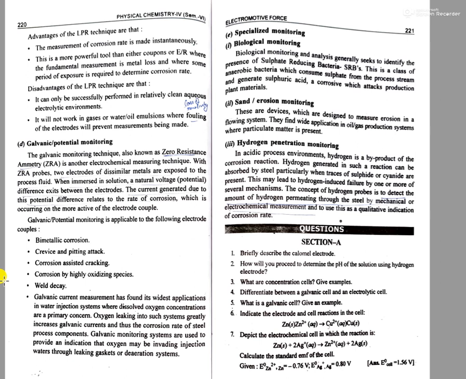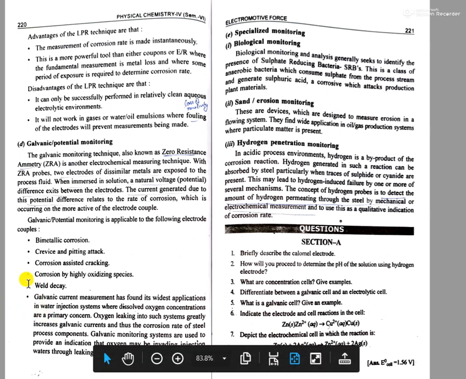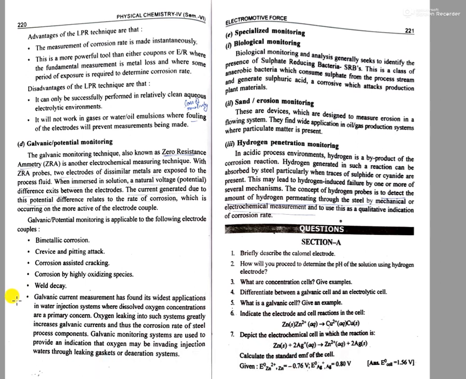In such cases, oxygen leaking into such systems greatly increases galvanic currents, and thus the corrosion rate of steel process components. Galvanic monitoring systems are used to provide an indication that oxygen may be invading injection waters through leaking gaskets or deaerated systems.